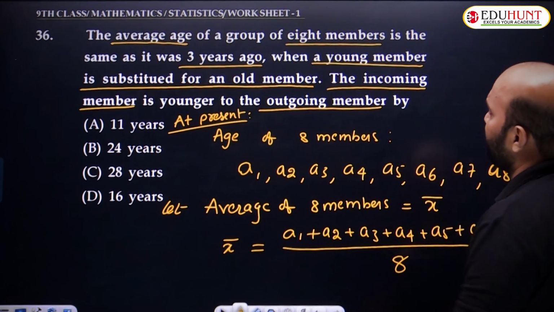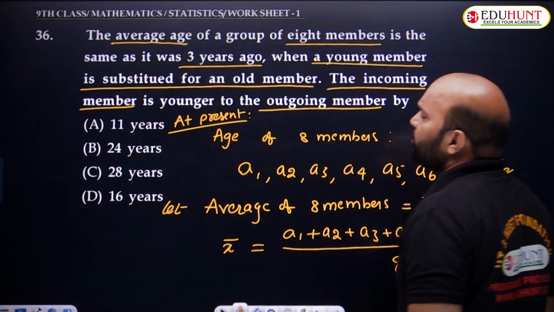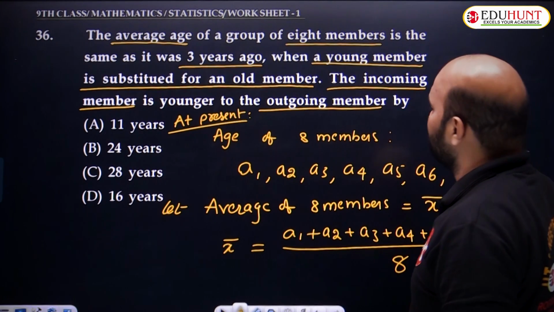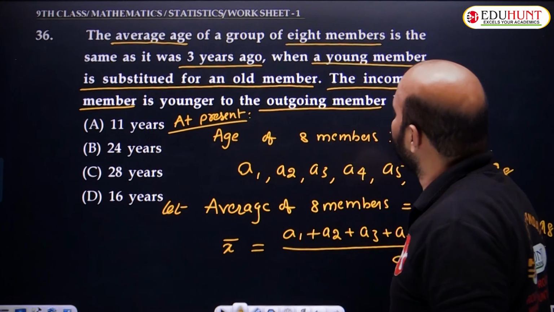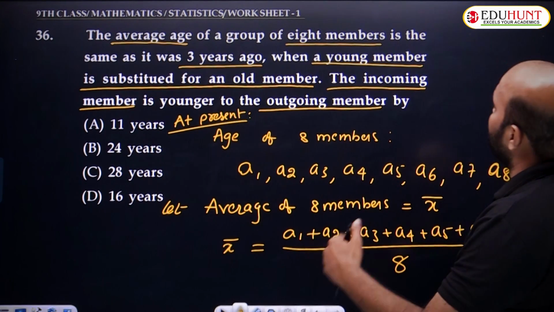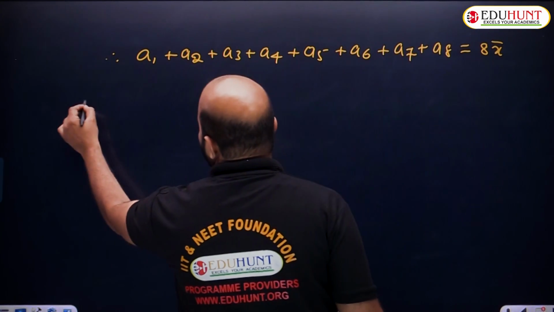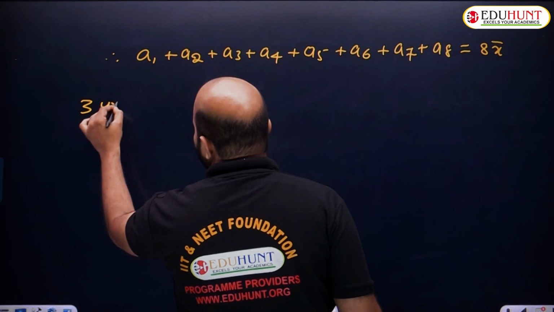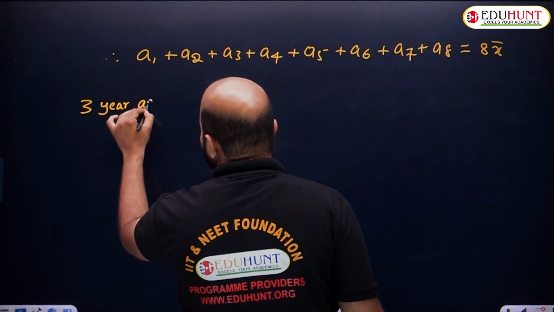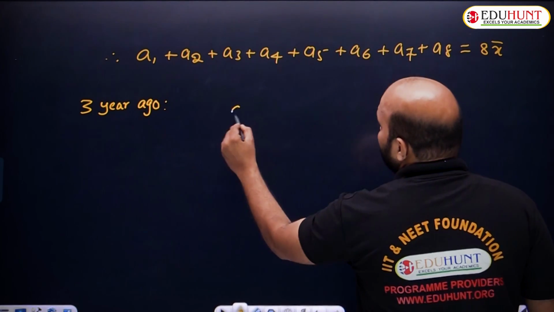So 3 years ago, what happened? 3 years ago, a younger member was substituted for an old member. So who left the group? The older member left the group, replaced by the younger member.